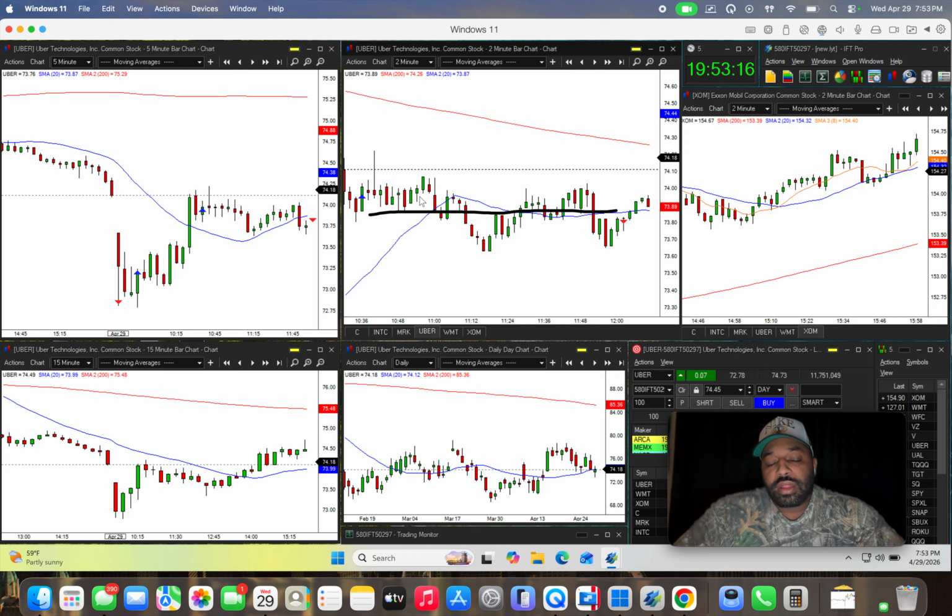If the move doesn't work in the first 12 bars, you can cut the trade, because it should have worked right here. But I held on to it because I wanted to hold on to the 73.50, just to get used to trading how I should have been trading this whole time.